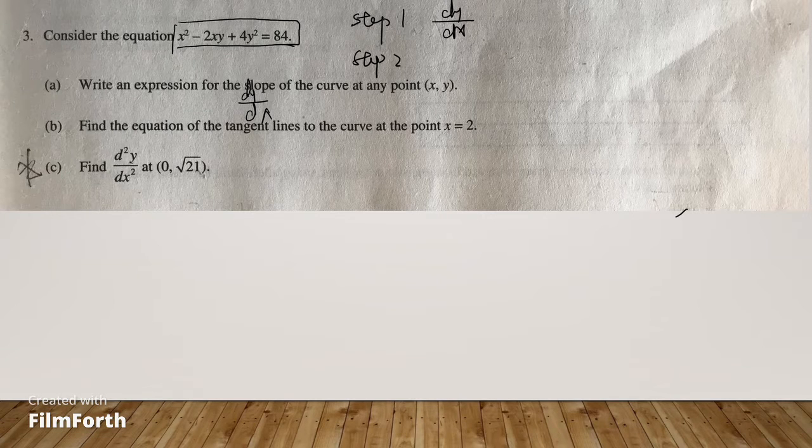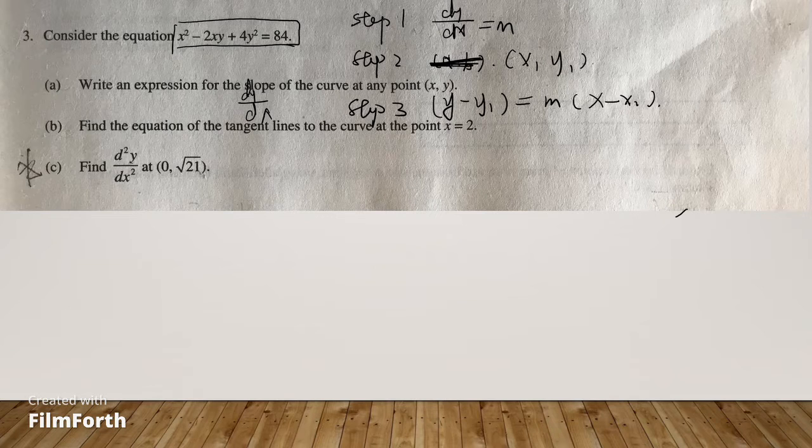The step 2 is always find a point. And step 3, plug in this point and use y minus y1 equals slope, dy over dx equals slope times x minus x1. And better here we use x1, y1 to represent this point.